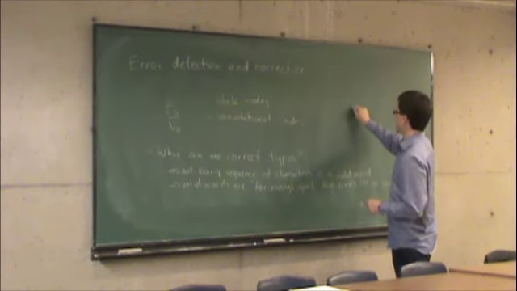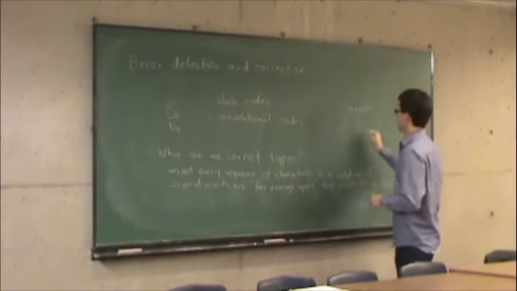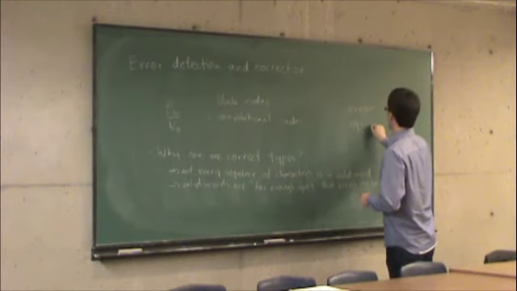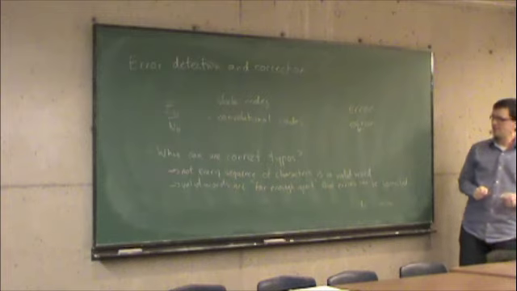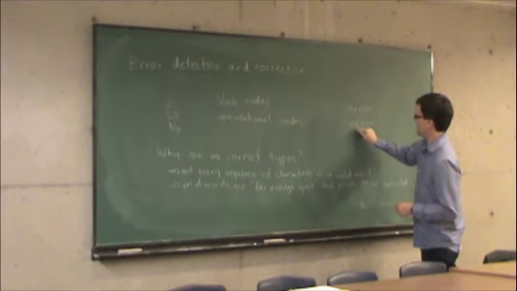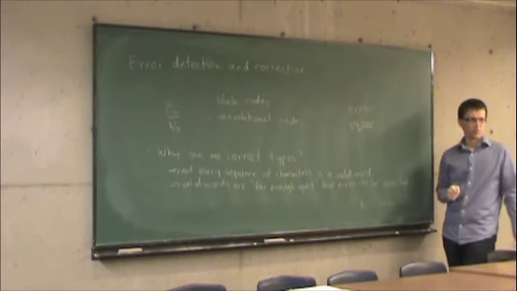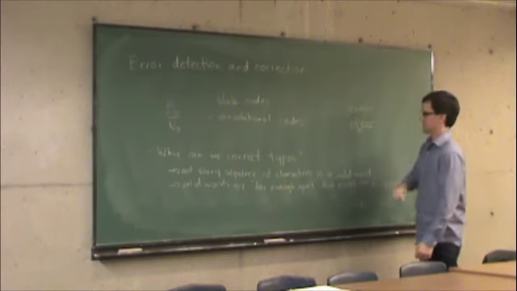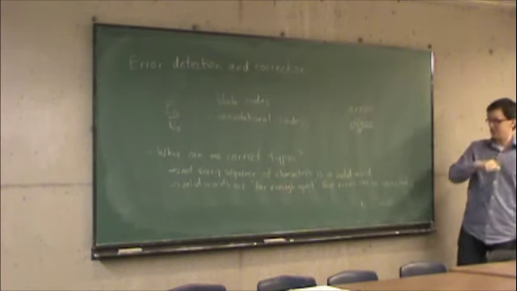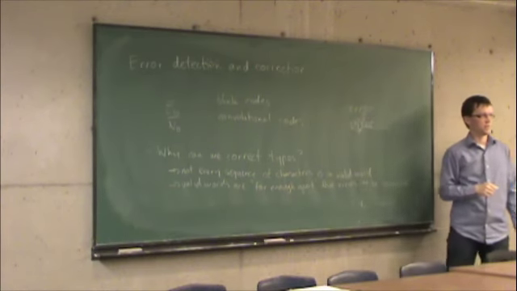For instance, if I have the word error and I make a typo, like so, the only word in English, actually I'm not sure if this is 100% true, that has E blank ROR is error. So we can assume that that's probably an error. On the other hand, if every sequence of 5 letters was a valid word, then we wouldn't be able to tell which was valid between these two.